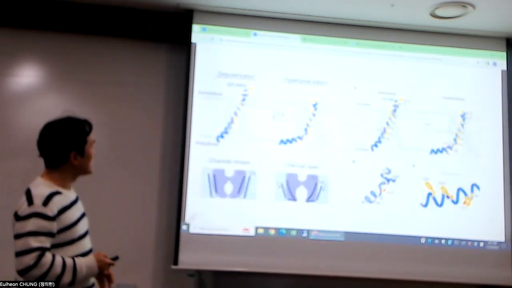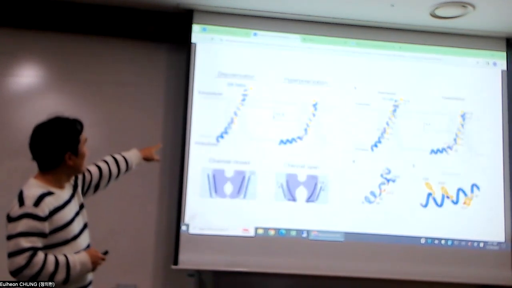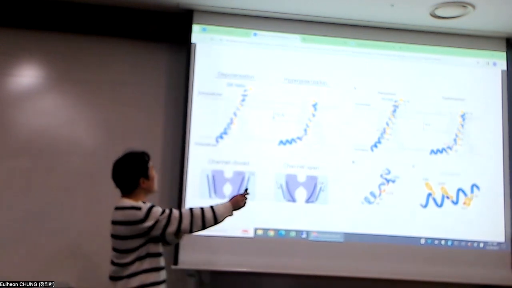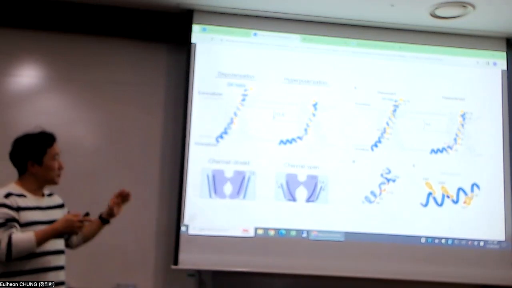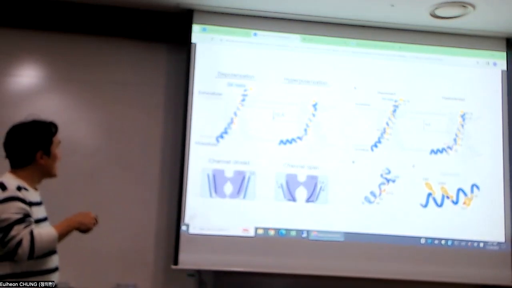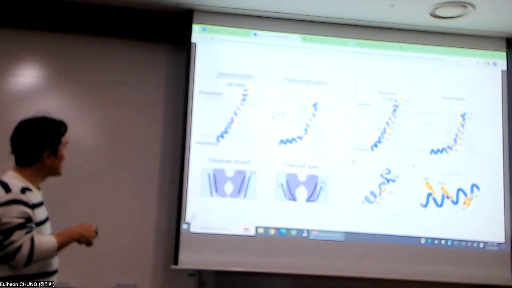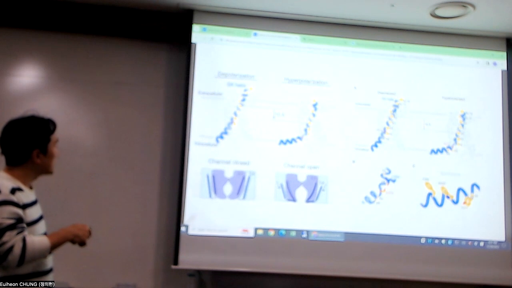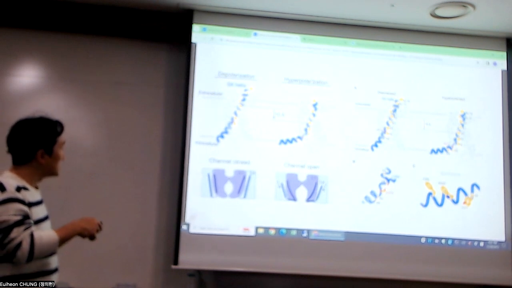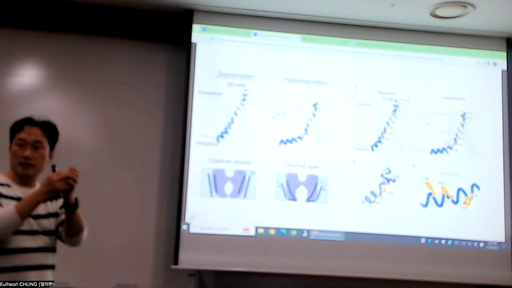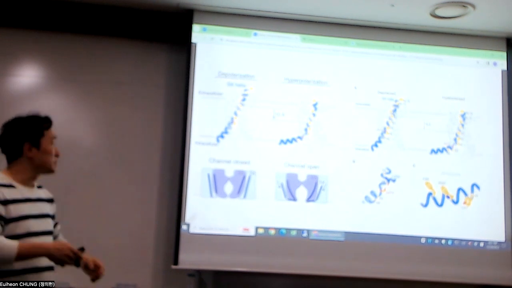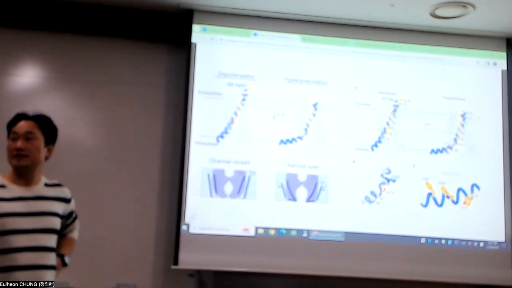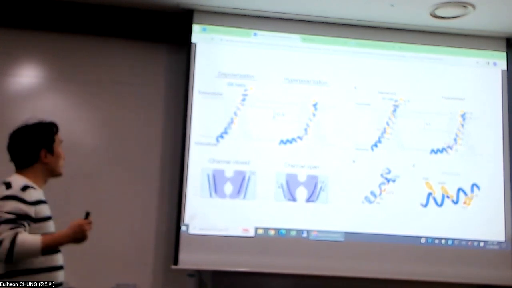Then, okay, here, what is most important? What's the main difference between depolarization and hyperpolarization? In depolarization, the S4 helix has a longitudinal shape, because the yellow is arginine, which is positively charged.